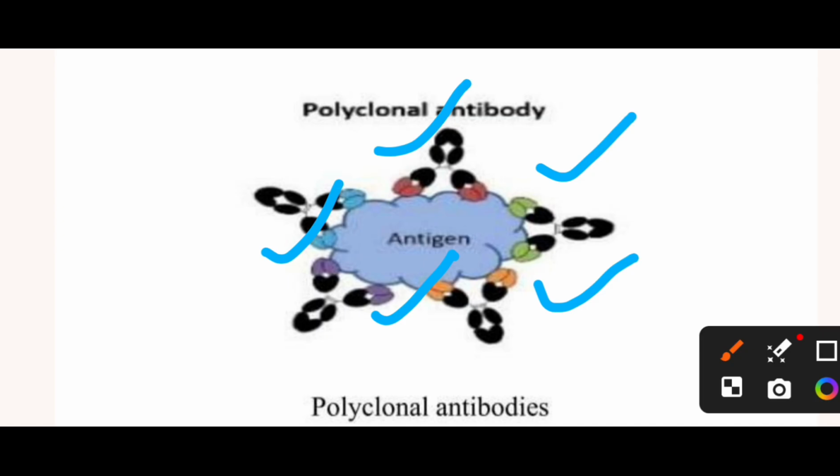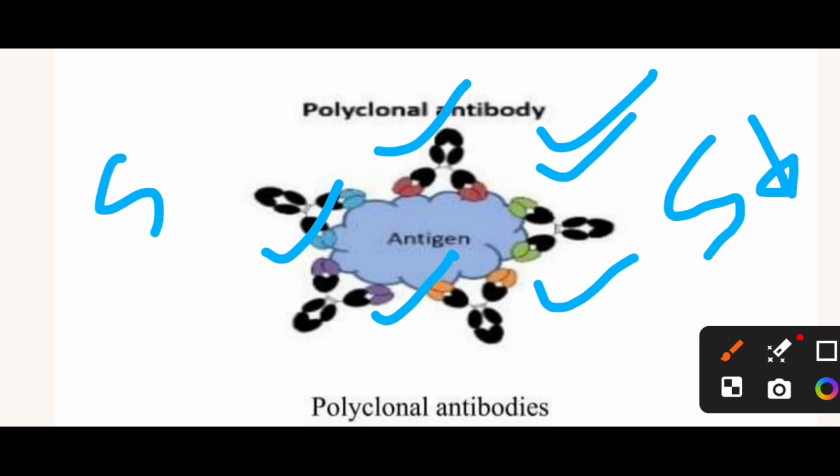So these polyclonal antibodies are very less specific in nature, but very sensitive. That is the point. Specificity is very low, but sensitivity is very high.